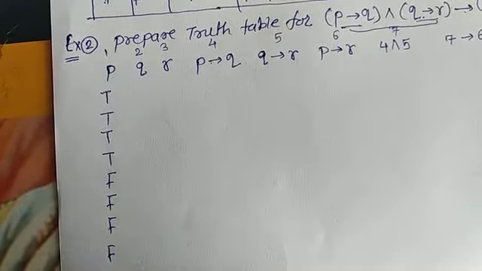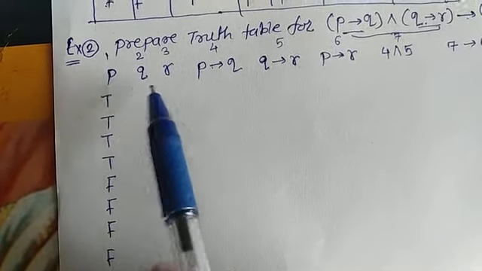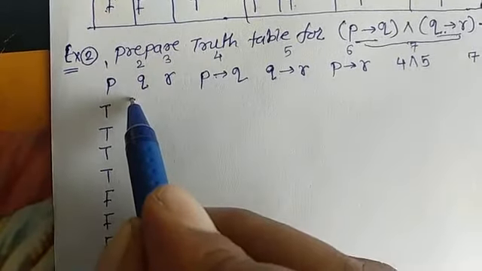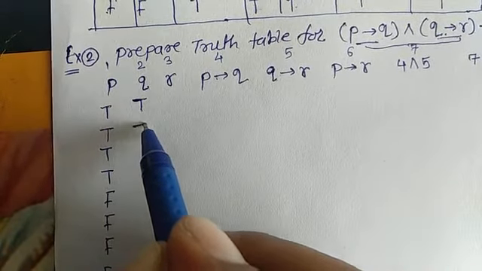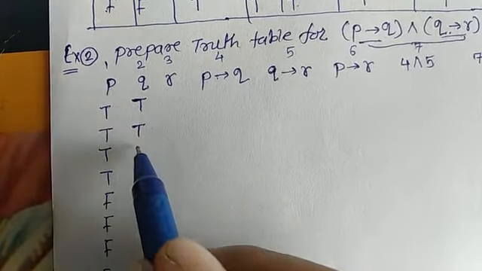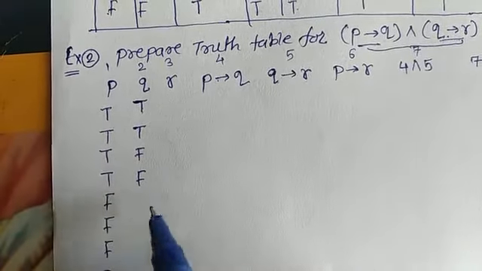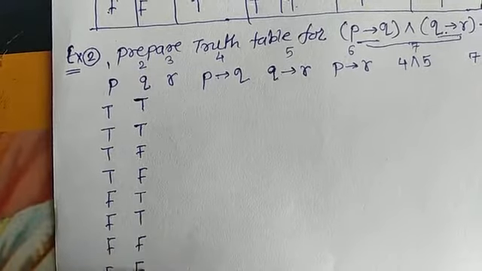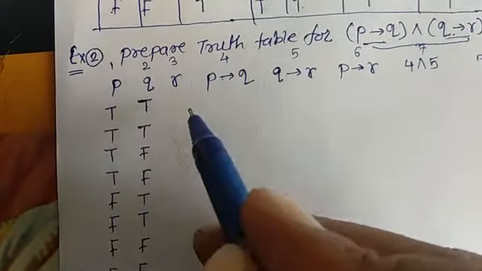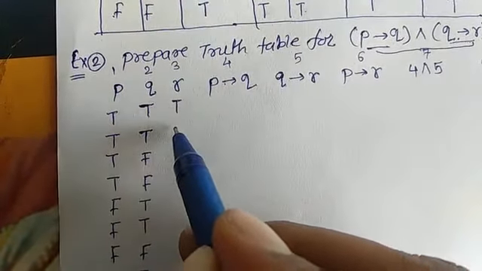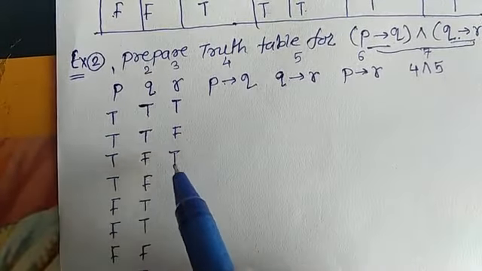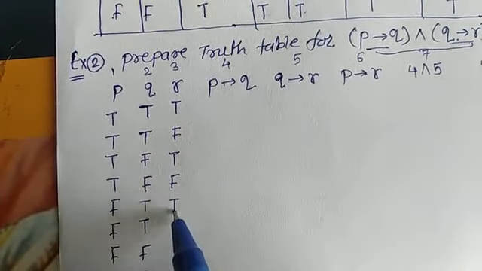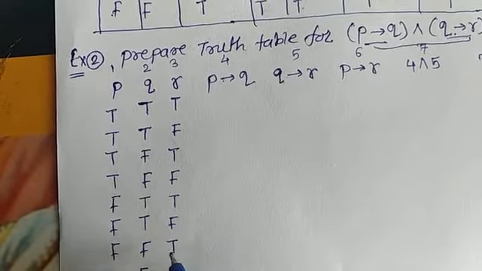For Q you write true, true, false, false, and after that again true, true, false, false. And for R it alternates: true, false, true, false, and so on.